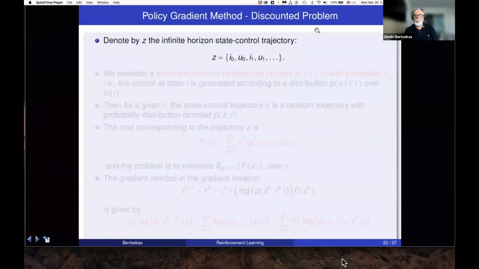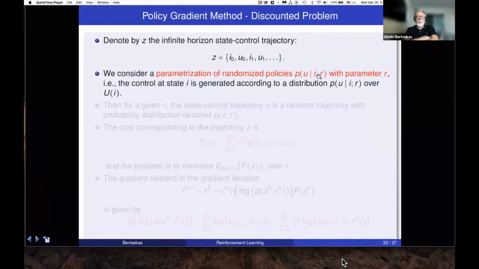Show once more the implementation of the method for the discounted dynamic programming problem. So here z, the variable of optimization, is the trajectory, and we generate trajectories. And with this trajectory, we update the parameter Rk.